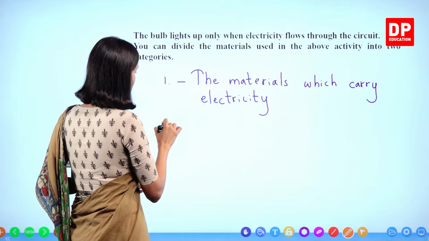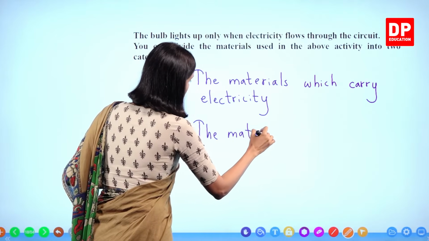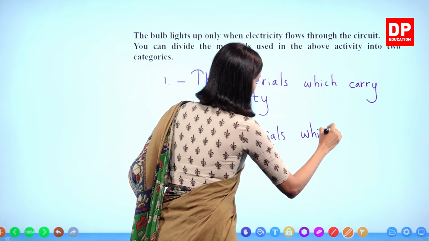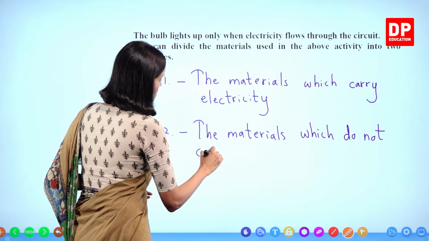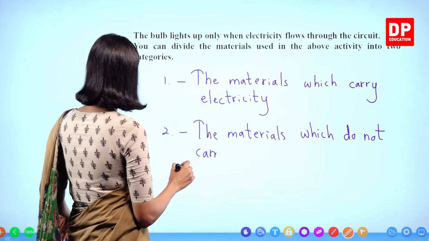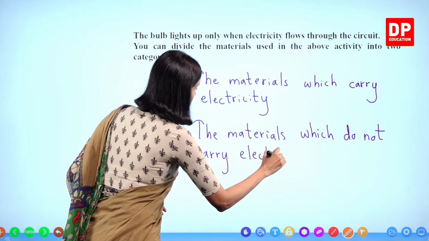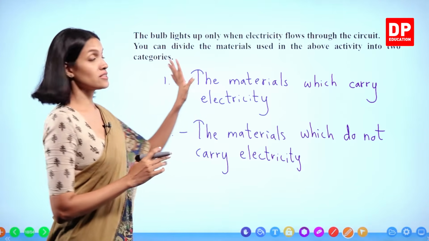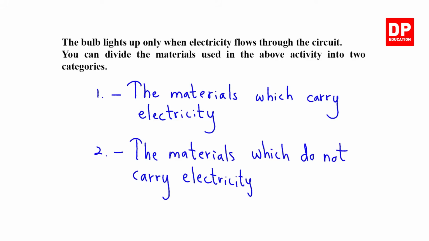Number two, the materials which do not carry electricity. So what are the two main categories that we can divide those materials into after doing the experiment? The materials which carry electricity and the materials which don't carry electricity.